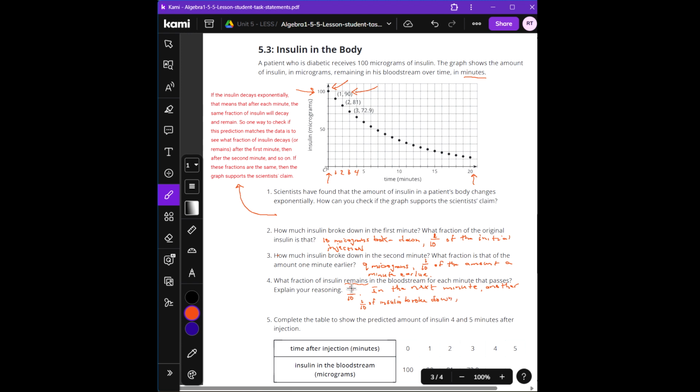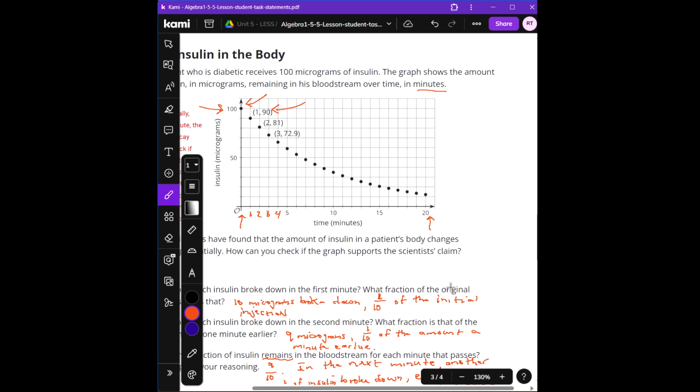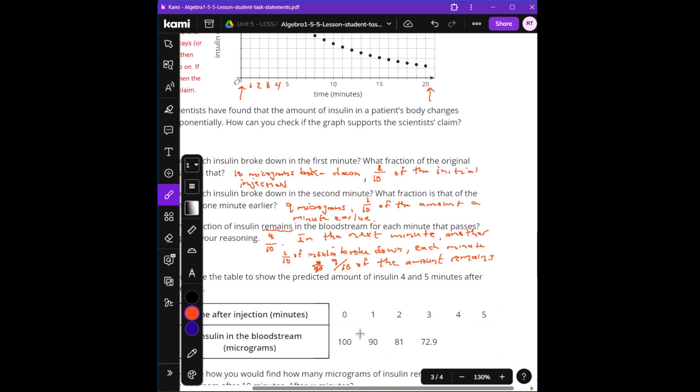And then each minute, 9/10 of the amount remains. Okay, sorry that's so messy.